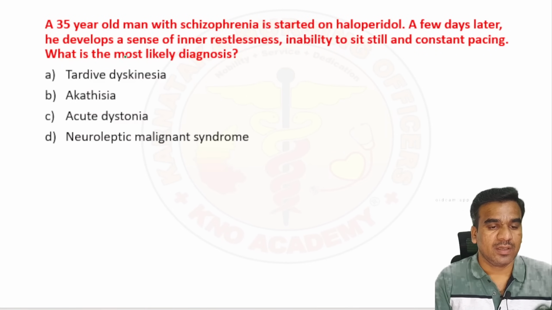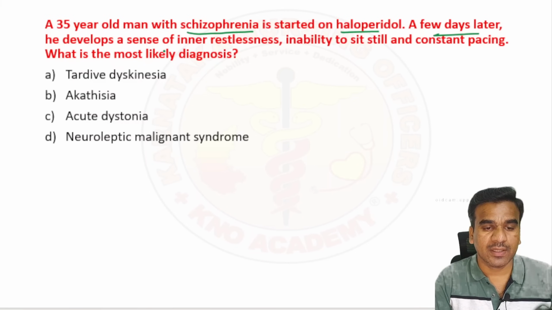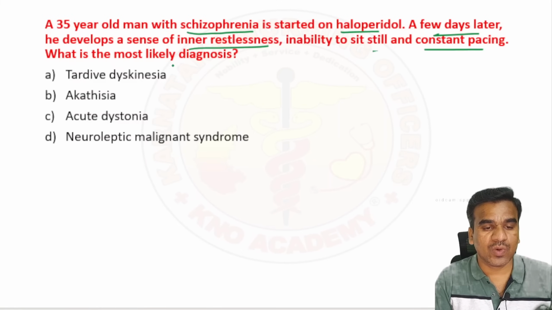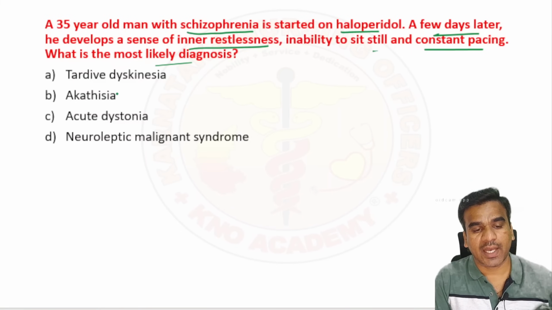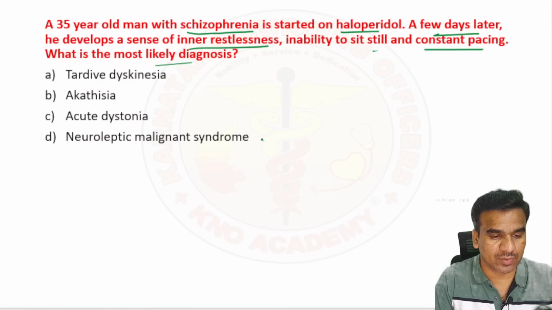Next, a 35-year-old man with schizophrenia is started on haloperidol. A few days later, he developed a sense of inner restlessness, inability to sit still, and constant pacing. What is the most likely diagnosis? Option A: tardive dyskinesia, B: akathisia, acute dystonia, and neuroleptic malignant syndrome.